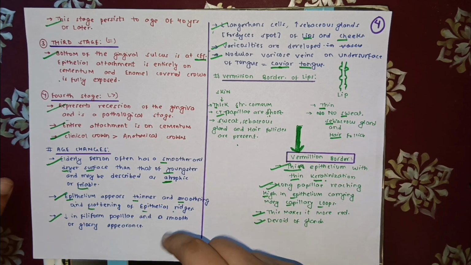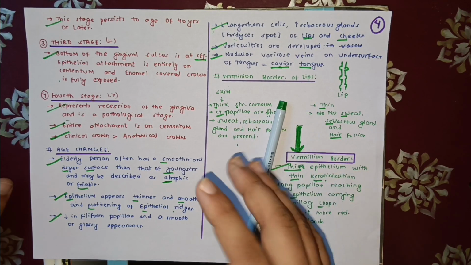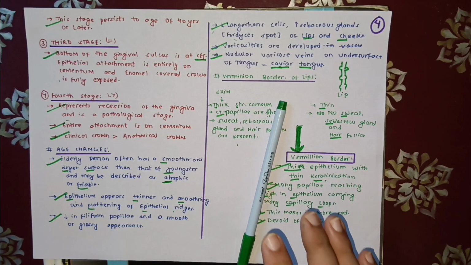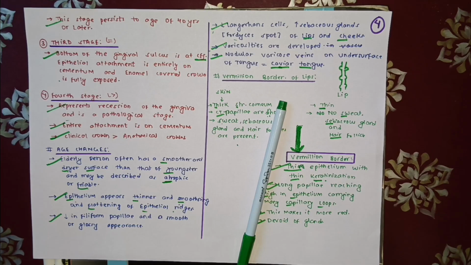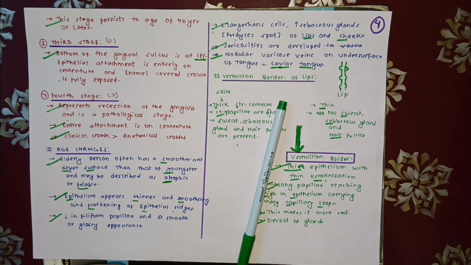Now I think you are studying and preparing for your exam in a better way, and I will meet you in the next video on alveolar bone of this dental histology chapter. Till now we have covered different topics of dental histology, so you can go through all those chapters.